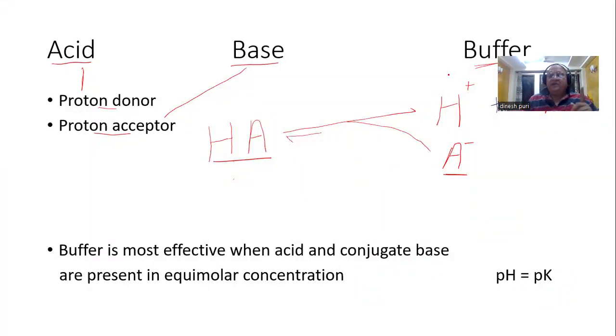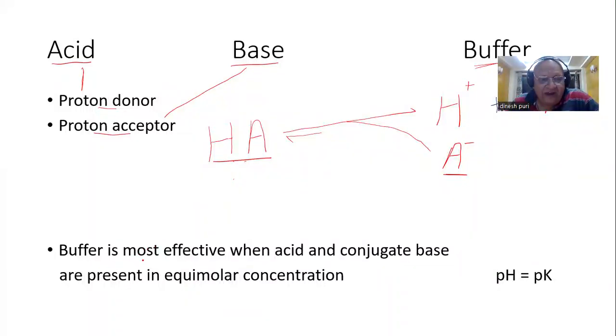In this class, we are going to study the role of histidine. Histidine is very abundant in hemoglobin, which is an important buffer among others. An acid and its conjugate base together act as a buffer.